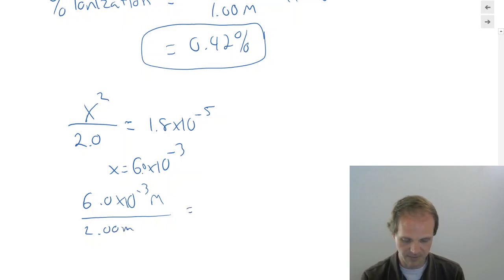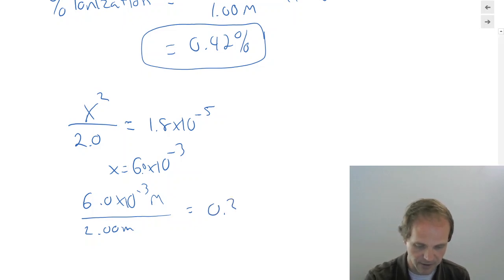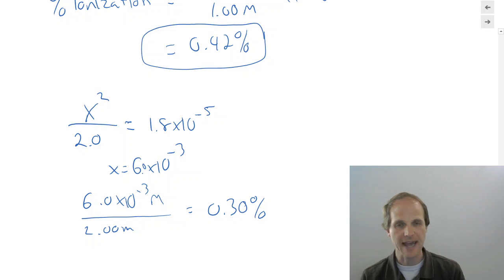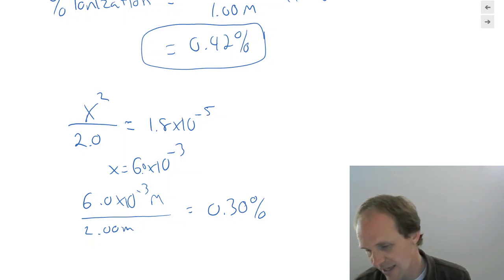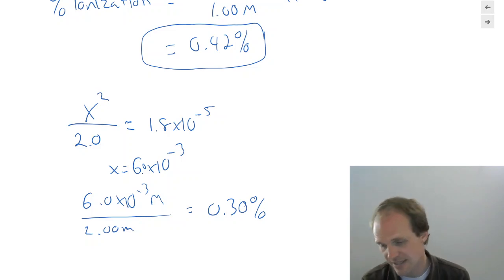And what do I get? Divided by 2, and then times 100 to get percent, and I get 0.30% ionization. So as I increase my concentration of my acid, what do I find? I find that my percent ionization decreases.